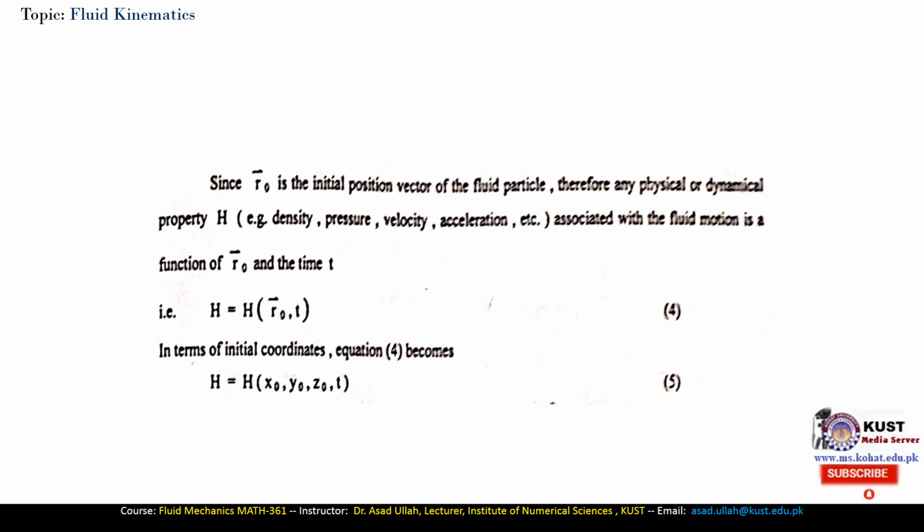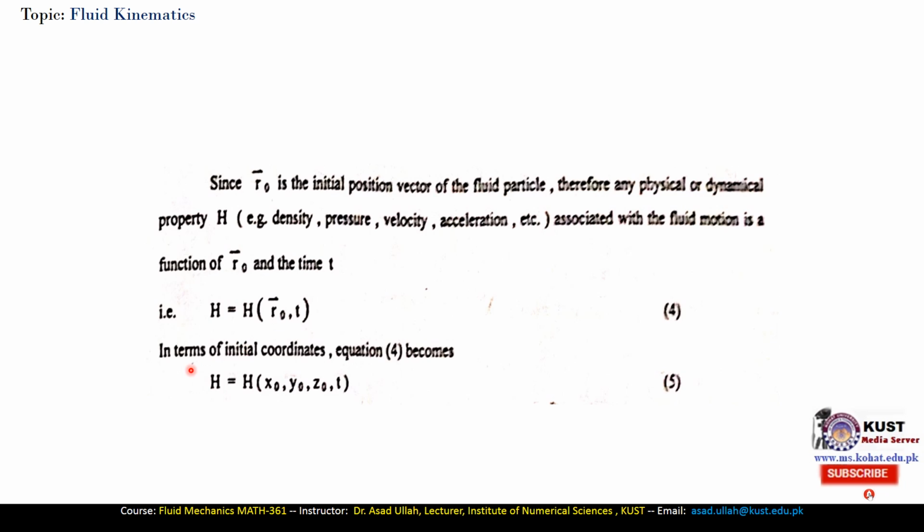Since r0 is the initial position vector of the fluid particle, therefore any physical or dynamical property h, that is density, pressure, velocity and acceleration associated with the fluid, is a function of r0 and time t, as given in equation number 4.